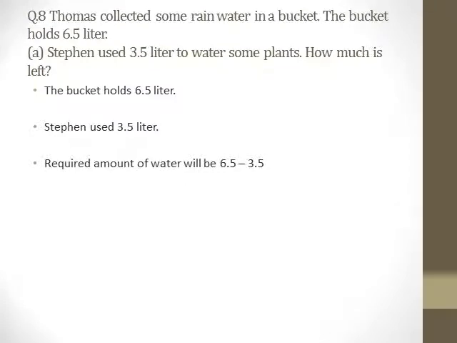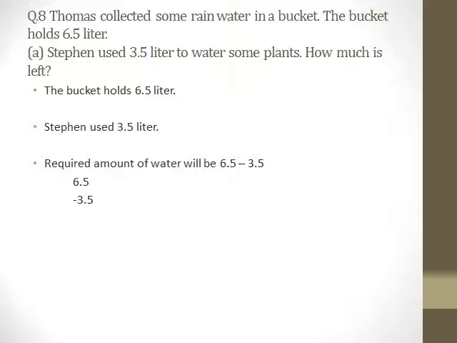So how will you do the subtraction? For the point, I will write 6.5 first, then 3.5, then put the sign of subtraction, minus. While subtracting decimal values, make it very simple, don't get confused, do it as a simple subtraction. Suppose it is 65 and 35: 5 minus 5 is 0, and 6 minus 3 is 3, right?